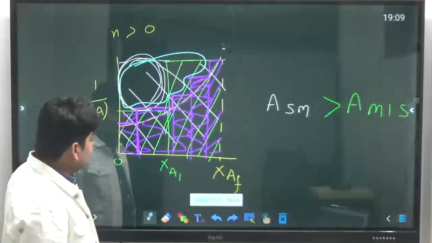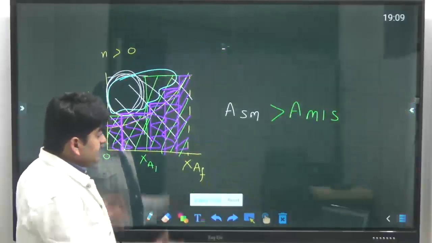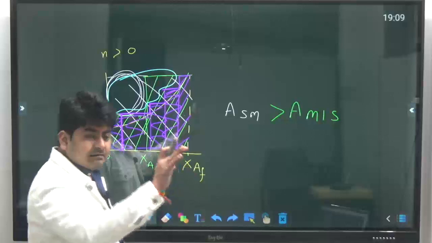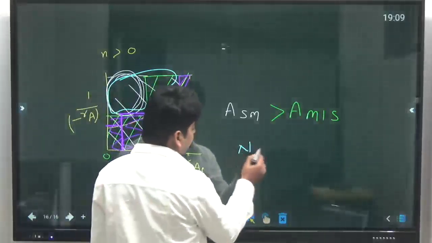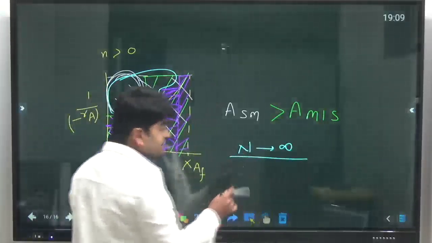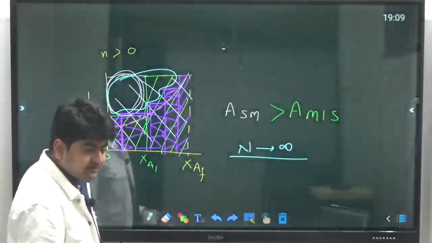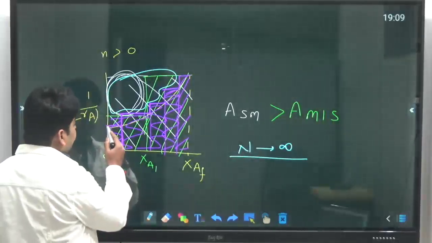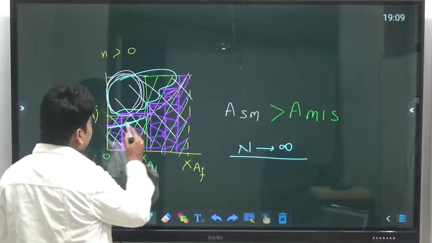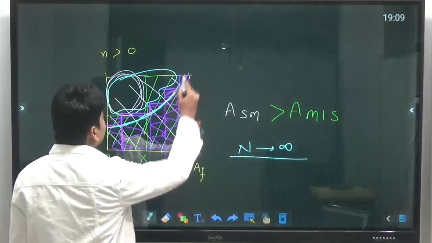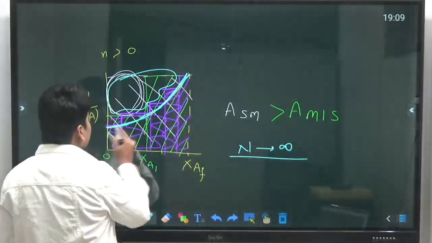Okay, so here one thing should be clear to all of us, that similarly if we use n number of MFRs in series, and let's say infinite MFRs in series when we use, what will happen? The additional area above the curve will become completely 0.